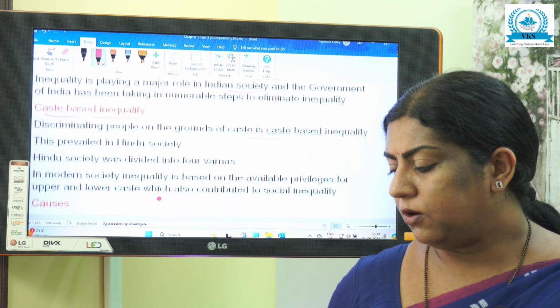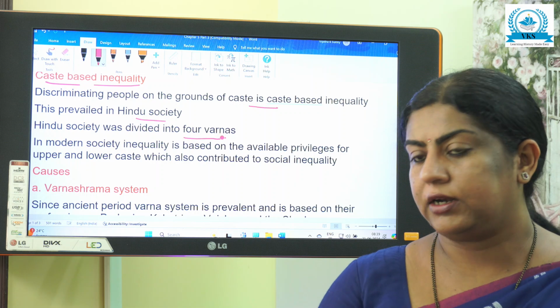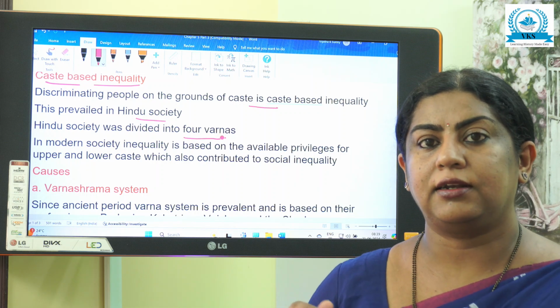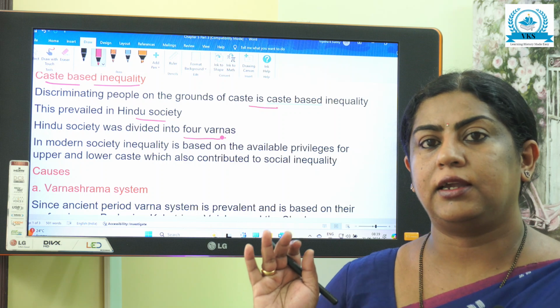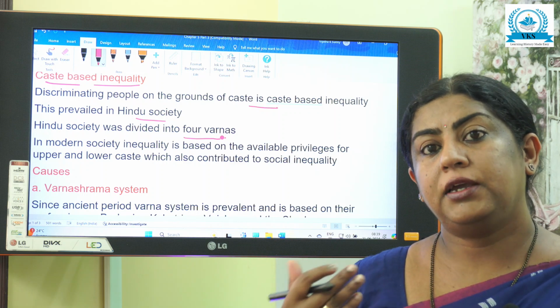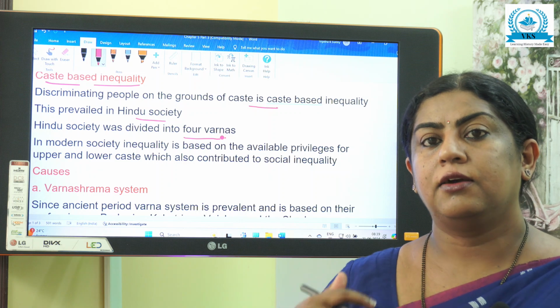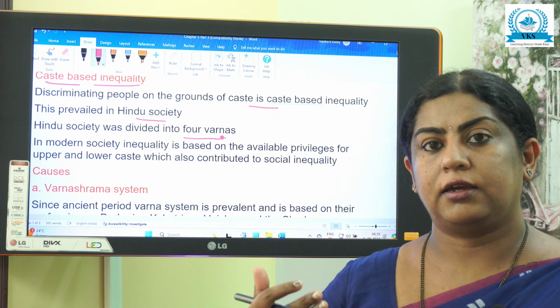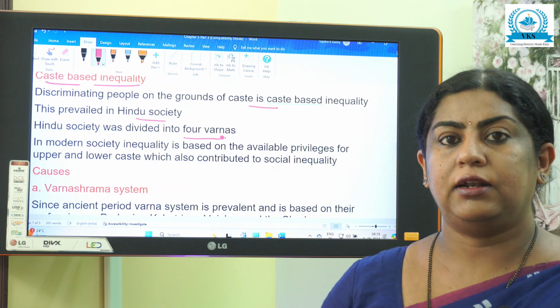As we all know, Hindu society was divided into four varnas. We have already studied how Hindu society was divided into four varnas: Brahmana, Kshatriya, Vaishya and Shudra. Based on these four varnas, inequality exists. That is, one group is given a higher status or more privilege, and the other group is given lesser privilege.